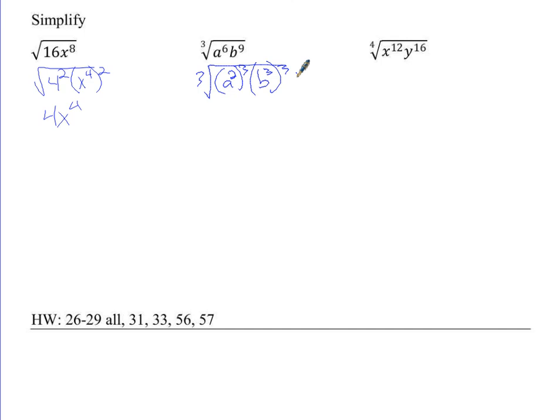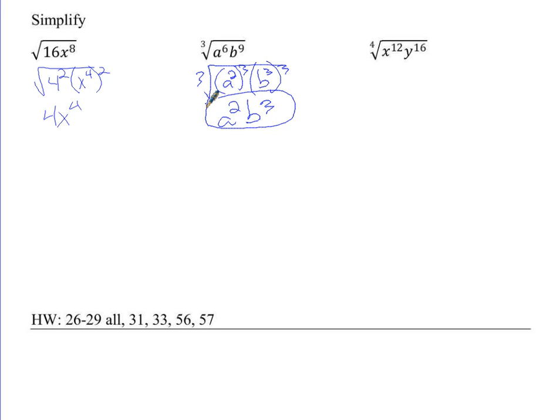Good. So now everything is written in terms of a third power, so I can take the cube root of everything. What do I get? Okay. And do I need to worry about absolute value here at all? Why not? The index here is odd, so there's no need to worry about absolute value.